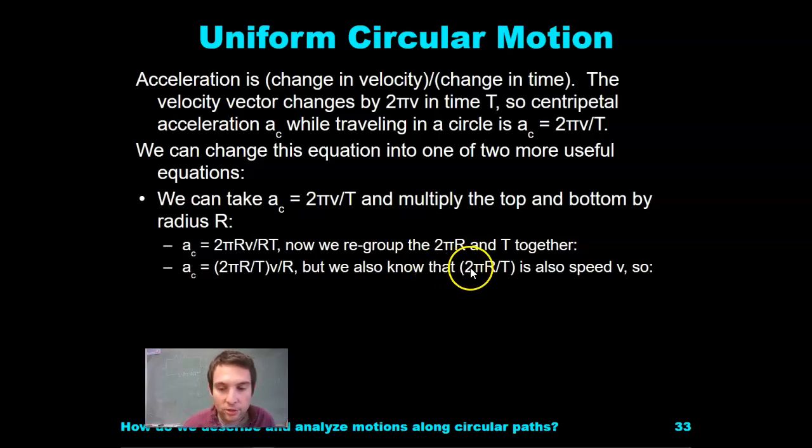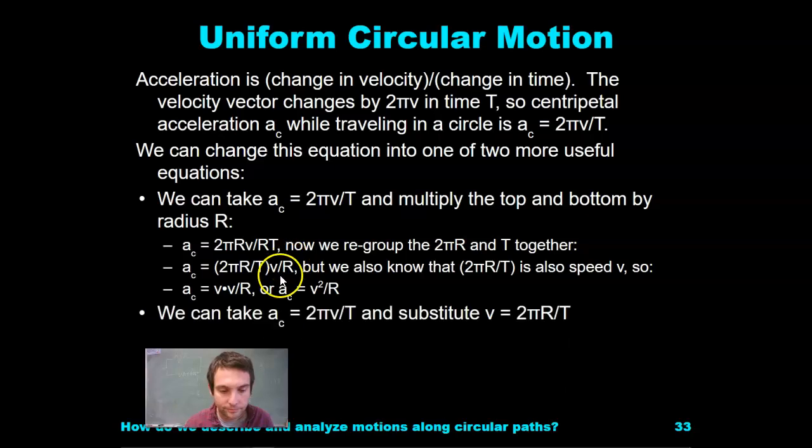And we also know that 2 pi r divided by T is speed v. So a equals v times v over r, or a equals v squared over the radius. In short, the centripetal acceleration is just your linear speed squared divided by the radius.